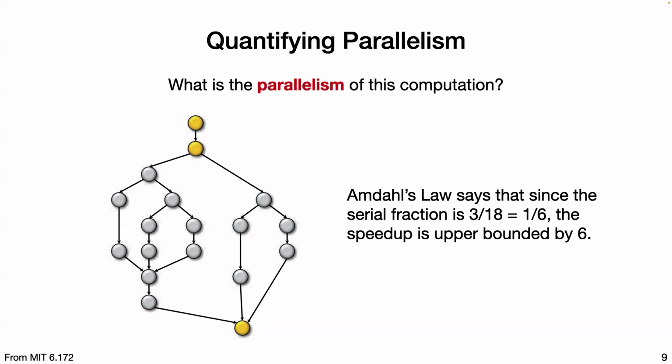So the serial fraction is 3/18 because there are 18 nodes, and these parts can all proceed in parallel. So 1, 2, 3 are the parts that need to wait.